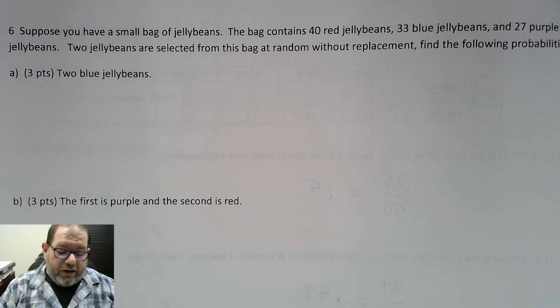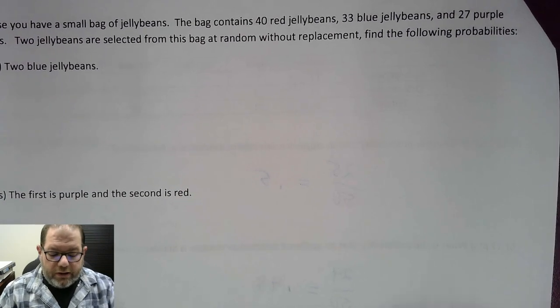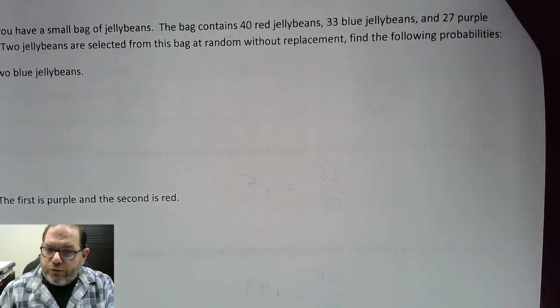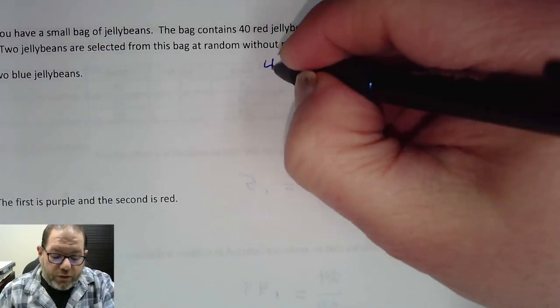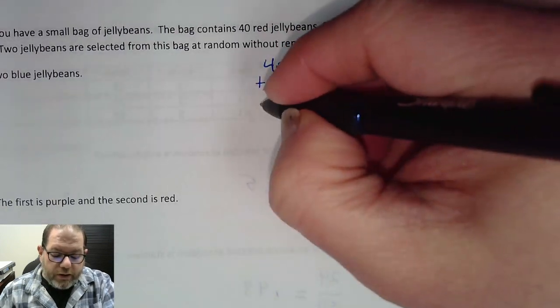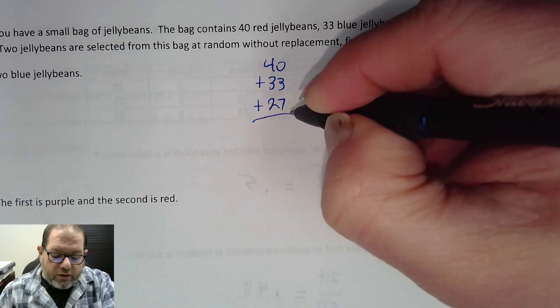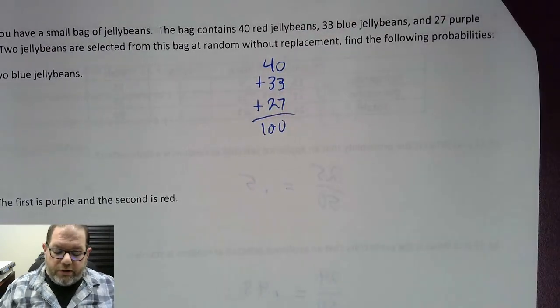The first thing we need to know before we can do anything here is how many total jelly beans are in this bag. Well, we know there's 40 that are red, 33 that are blue, and 27 that are purple, and that does add up to 100.